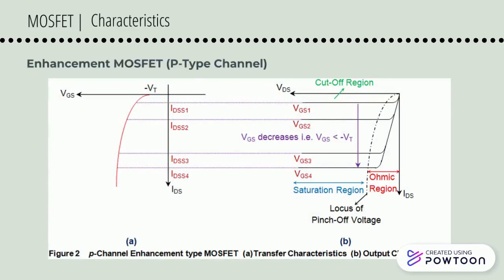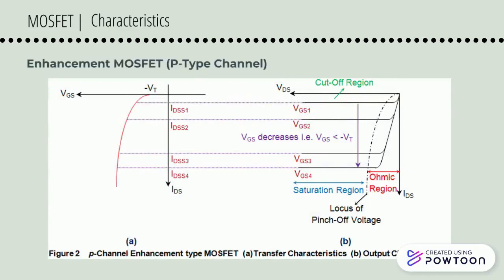However, as VDS becomes equal to negative VP, the device enters into saturation, during which a saturated amount of current IDS will flow through the device, as decided by the value of VGS. Further, it is also to be noted that the value of saturation current flowing through the device is seen to increase as the VGS becomes more and more negative.